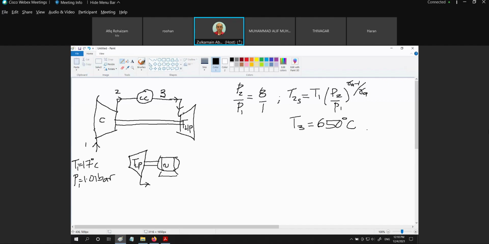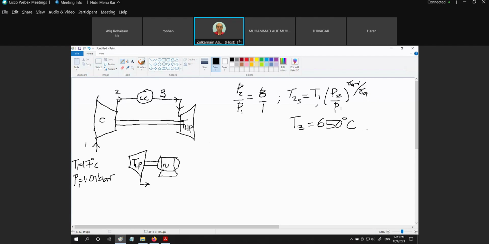Instead of a combustion chamber right here, they just continue to draw a straight line. And they assume that T2 is 650 going to the first turbine. Okay, which is wrong.